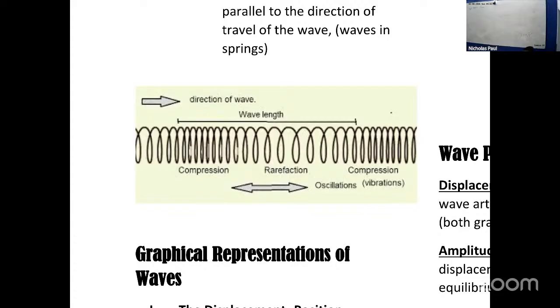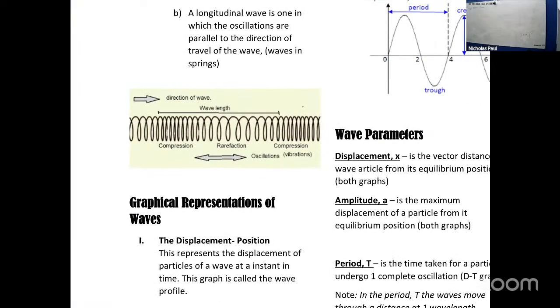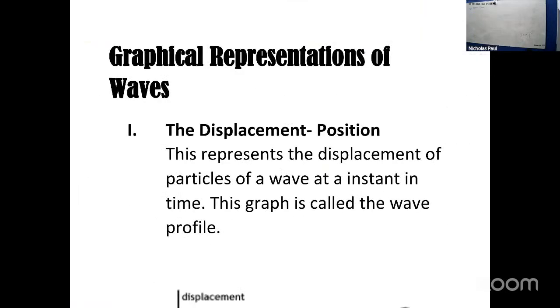Longitudinal. You have a wavelength between compression and compression, or rarefaction and rarefaction. Where they are close together is compression, and where they are far apart is rarefaction.